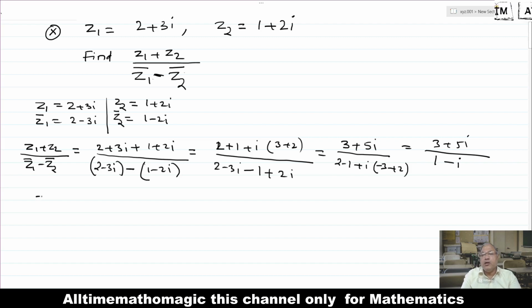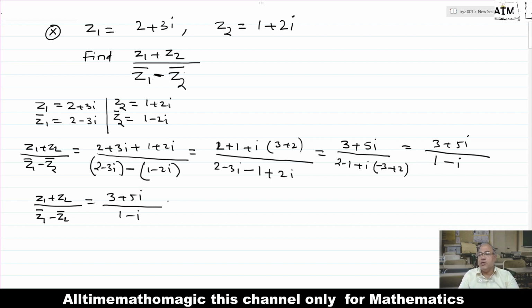So we got Z1 plus Z2 upon Z1 bar minus Z2 bar equals 3 plus 5i upon 1 minus i. Now we need to simplify this.